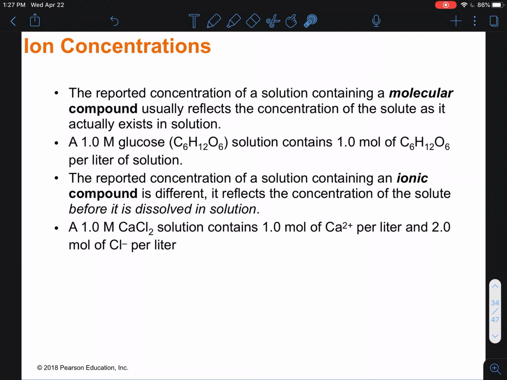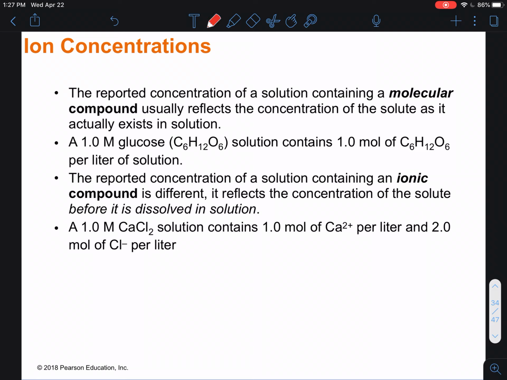But when we report ionic compounds, it's different, and it's very intuitive, so just bear with me. It reflects the concentration of the solute before it is dissolved in solution. So a 1 molar calcium chloride solution contains 1 mole of calcium and 2 moles of chloride per liter of solution.